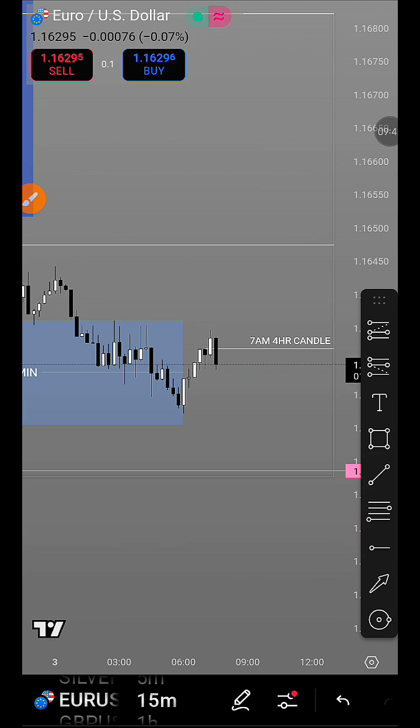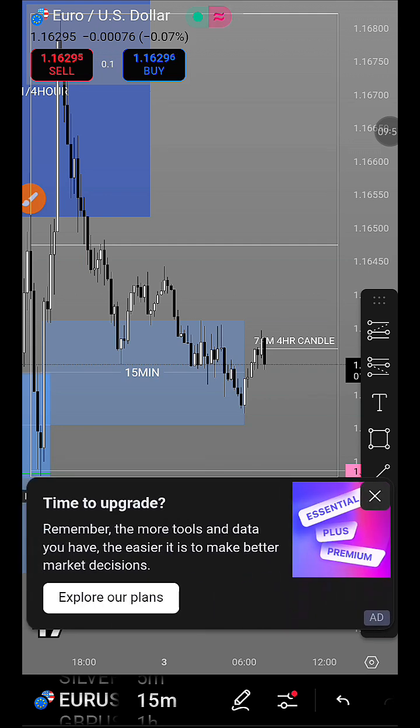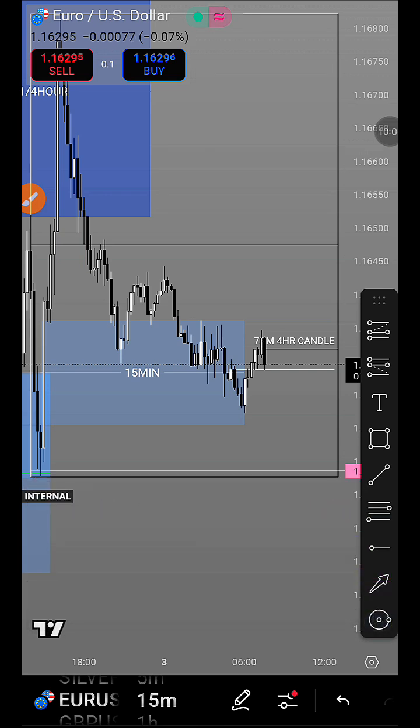And then once it traded into that bullish 15-minute FEG, I can also see that price swept lows, and it gave me this 15-minute change in state of delivery right there, after a very nice liquidity sweep of the lows.